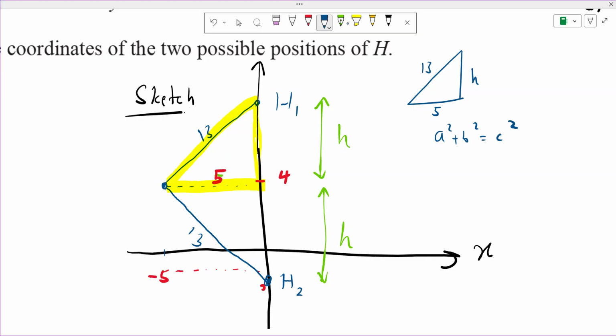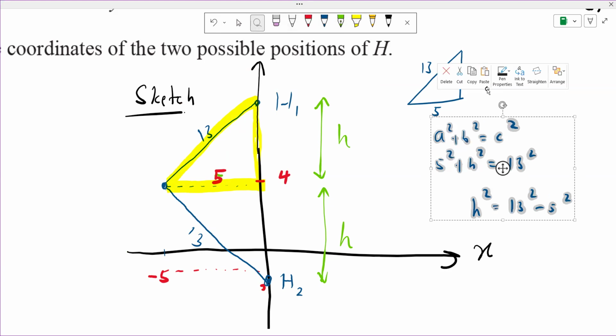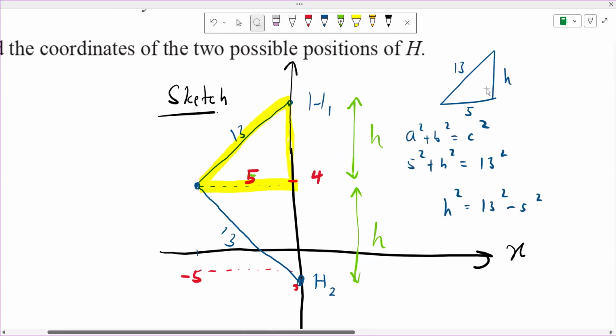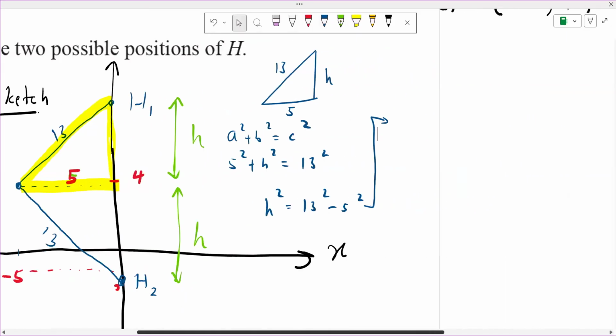So h squared is equal to 13 squared minus 5 squared, and h is equal to the square root of 13 squared minus 5 squared.